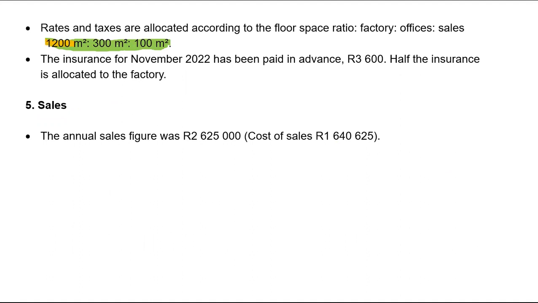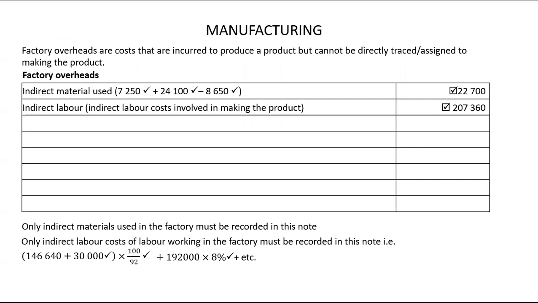So it'll be my rates for the year, which is not adjusted here because there was no adjustment. You multiply it by 1.2 divided by 1.6. So the amount allocated to the factory will be 14,625.